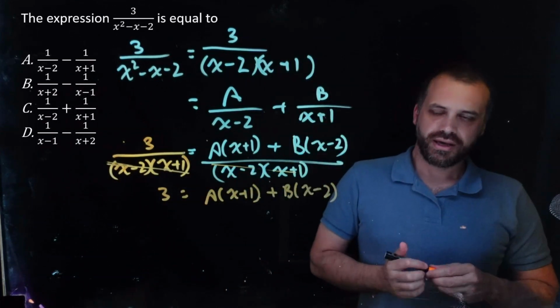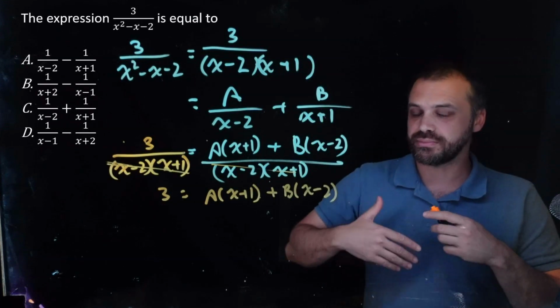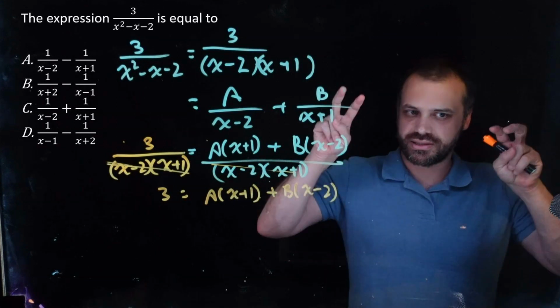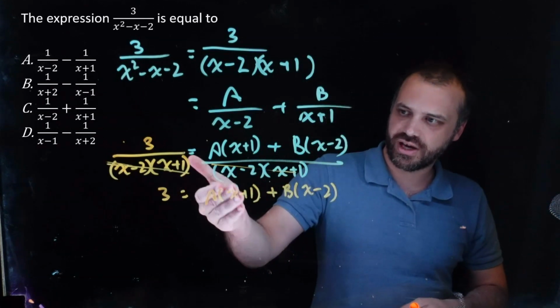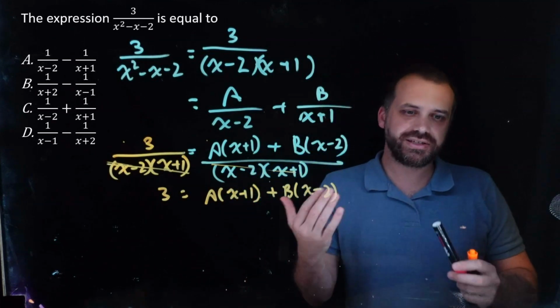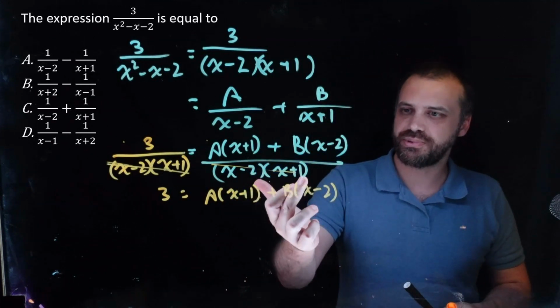Easy done. Now, you just need to sub in some convenient values. One convenient value to make B disappear, and one convenient value to make A disappear. So, what convenient x value will make B disappear?